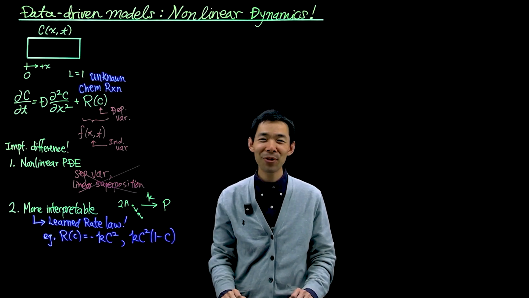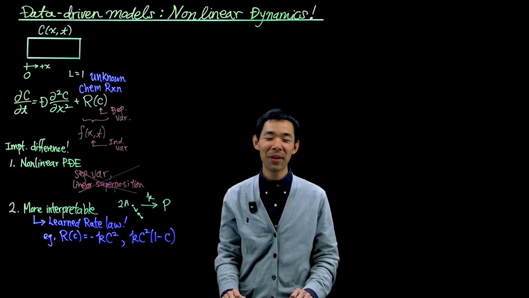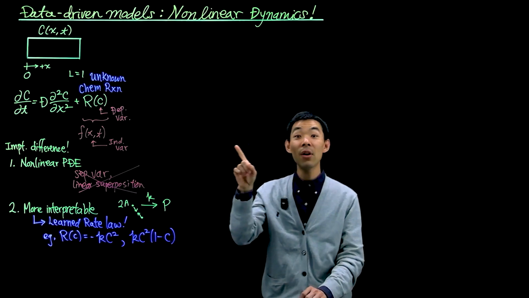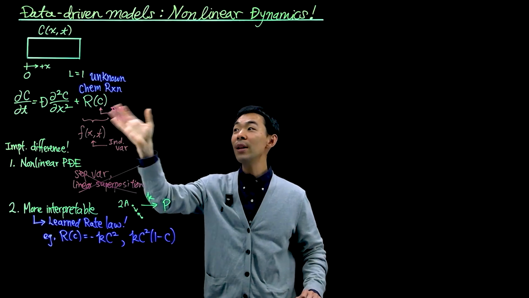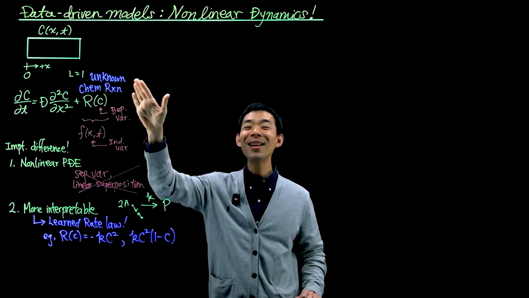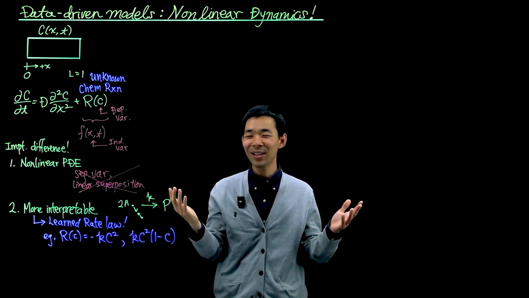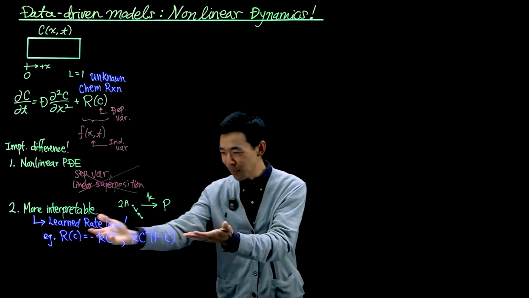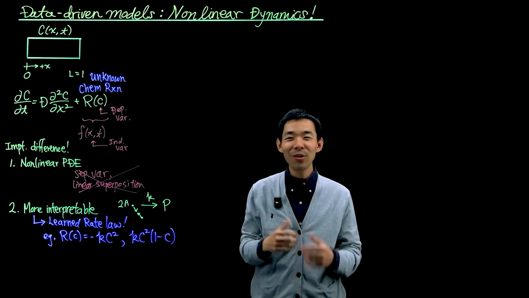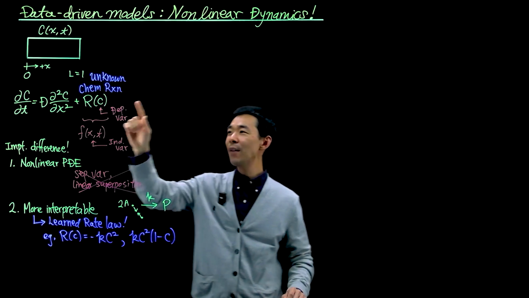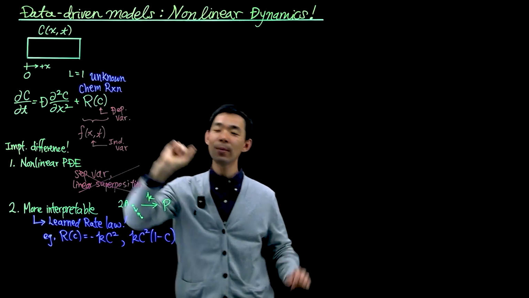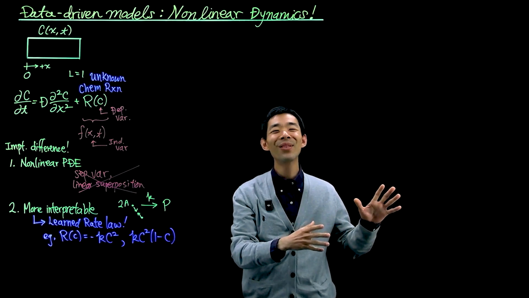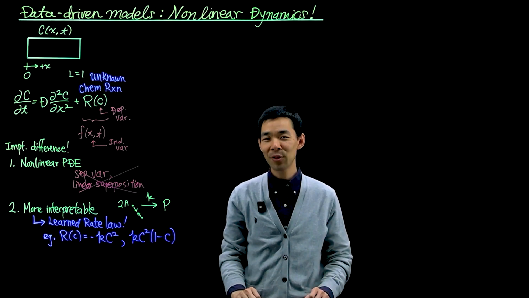Pen and paper approaches will not work. You'd have to numerically solve that PDE. What we're trying to do is even harder because we don't even know what this is. You have some unknown function, R as some function of C. You don't know what that is. It could be some crazy nonlinear function. You don't know what it is. All you have access to are measurements from your really cool experimental setup of concentration as some function of position and time.